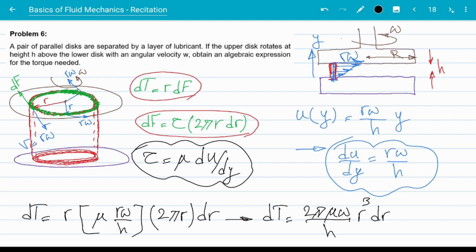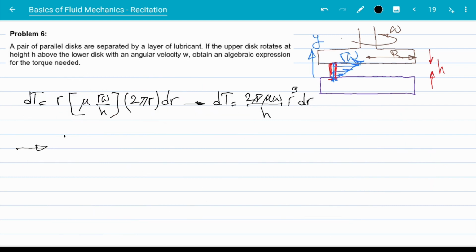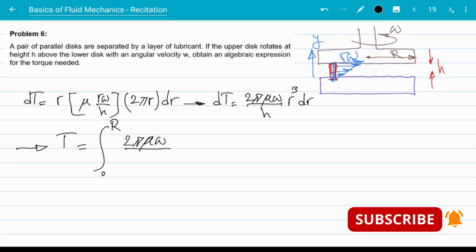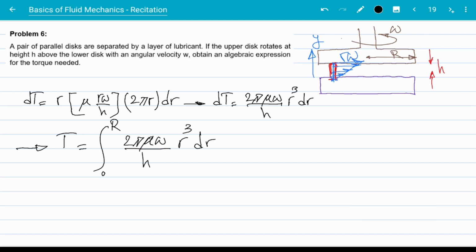I can now make the integral to find the total torque required to move this disk. So total torque is going to be the integral from the center of the disk to capital letter R of 2 pi mu w over h r cubed dr. Now everything before r cubed is a constant, so it jumps out of the integral.